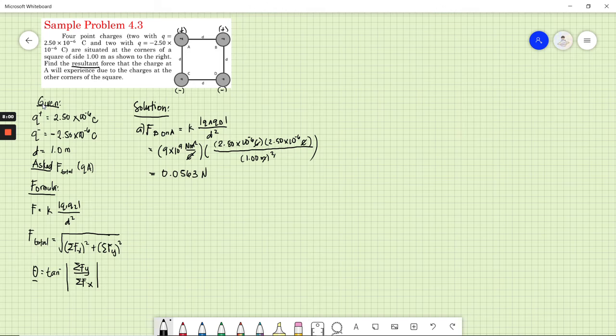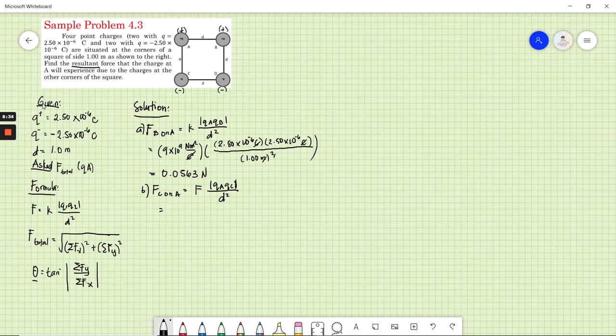And we're going to do that again, but this time what we're looking for is the force that QC exerts on A. And again, we're going to use Coulomb's law. We have QA, QC, absolute value, divided by D squared. If you look at your values right here, QA and QC, even though QC is negative, we are using the absolute value, so we just have to remove the negative sign.